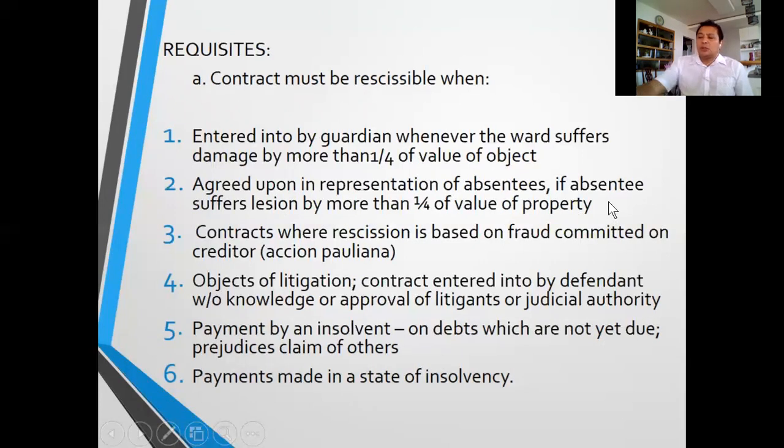Lesion is the damage or the gross inadequacy of the price. Now here in number 2, what is an absentee? It's a person who is absent or whose existence has been unknown.